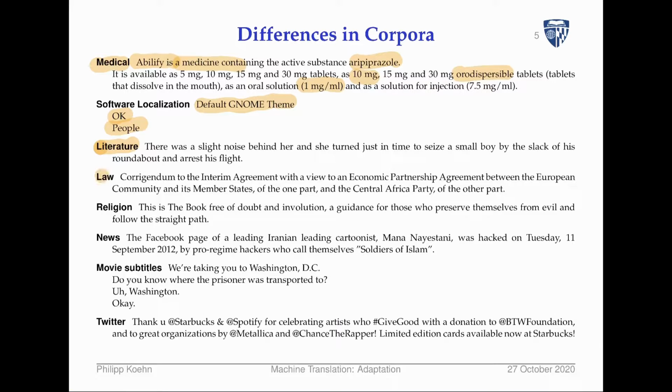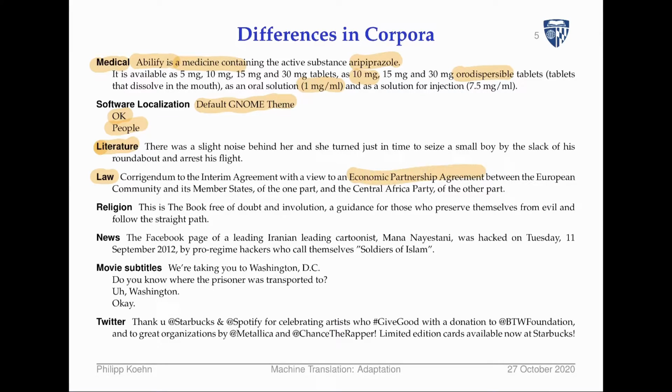Then there is law. Okay, so here you have curriculum to the interim agreement with a view to the European Partnership Agreement between European Community and its member states of the one part and the Central Africa Party on the other part. So this is very formal text, a lot of complicated names for things.